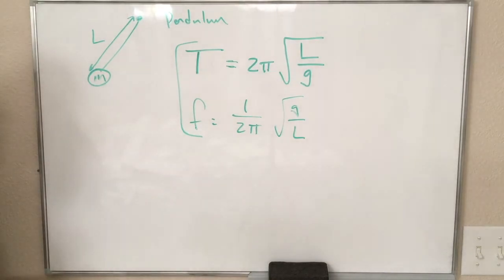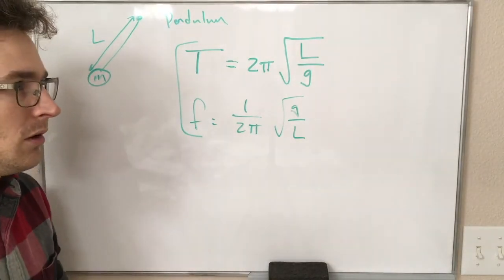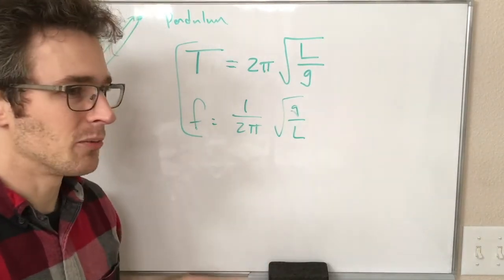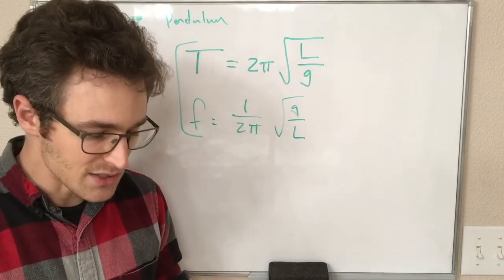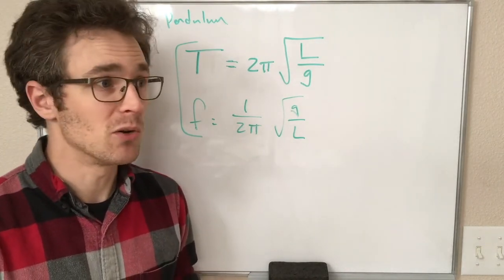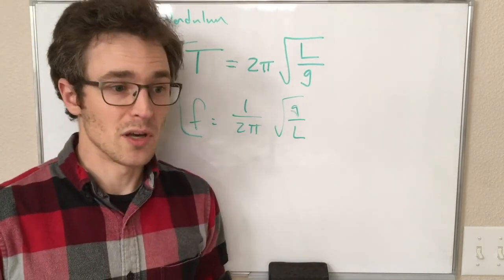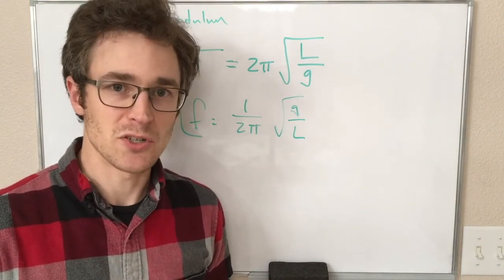All right, so for both the pendulum and the mass on the spring, we do know enough in Physics 106 to figure out where these come from. It's more time than I want to spend on it, and I don't think our book does it. It's not something you have to worry about, but I don't want you to think that these are coming out of nowhere. These come from F equals ma free body diagram kind of pictures.